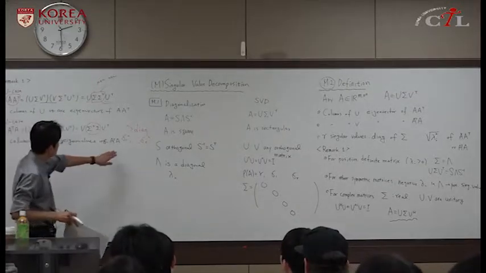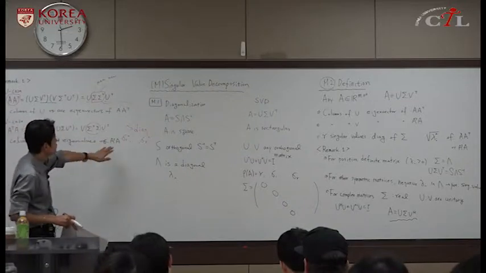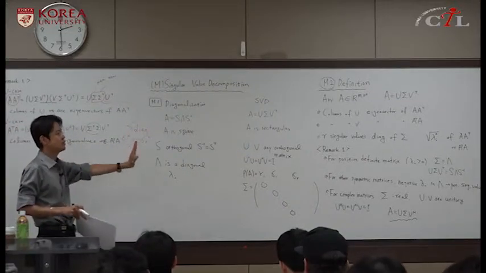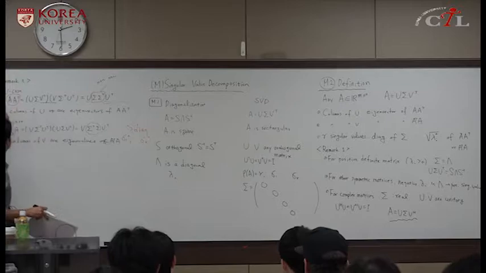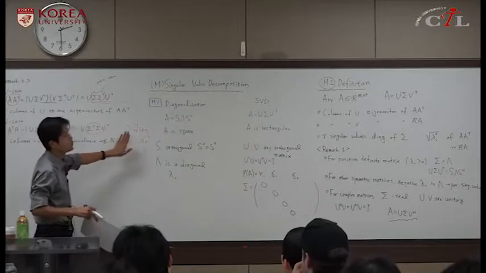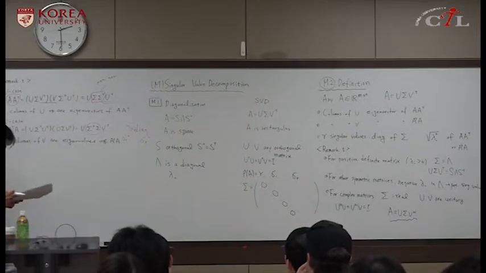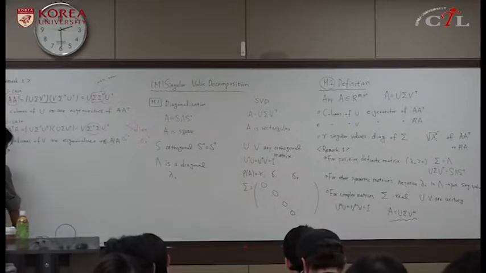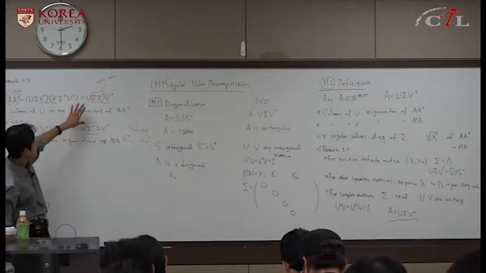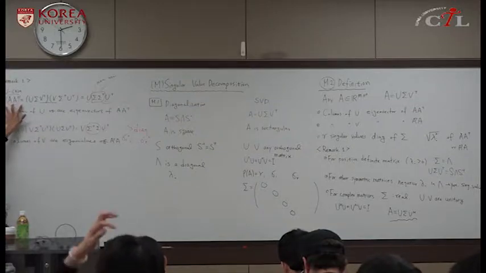So the singular value squared is an eigenvalue of A transpose A, from this relationship. So we have seen that U and V have a specific relationship with A.